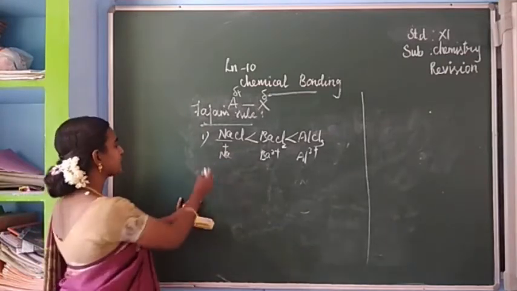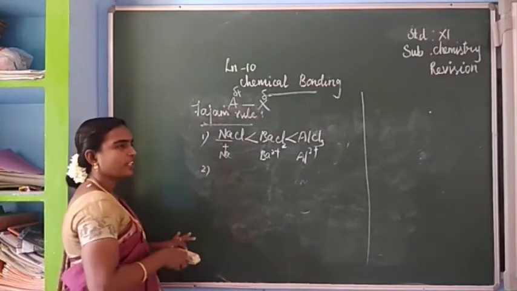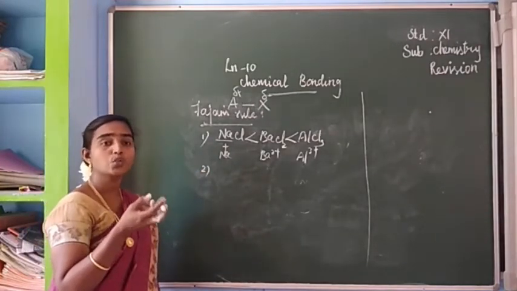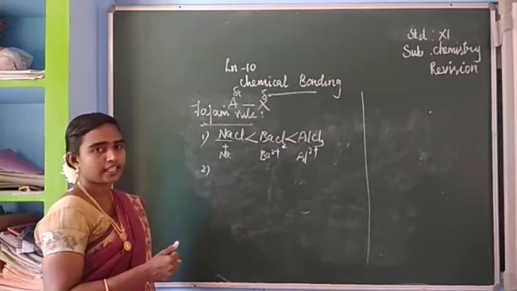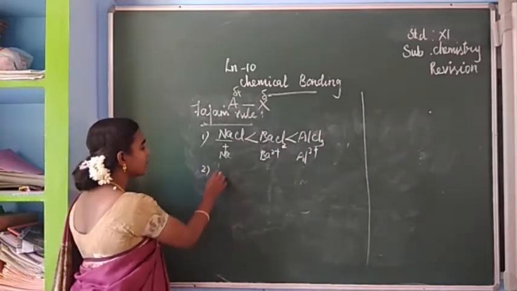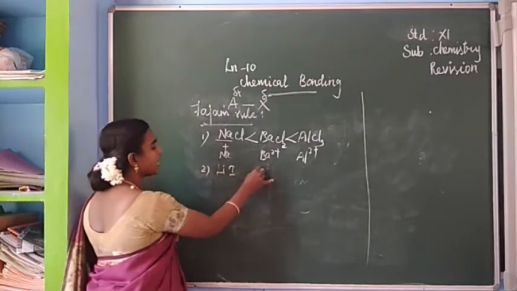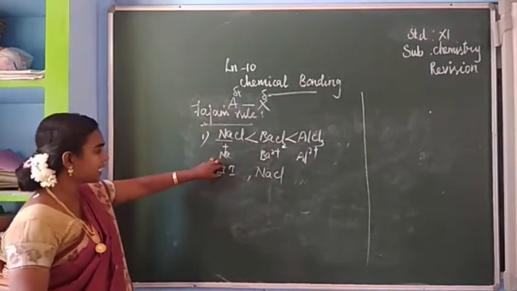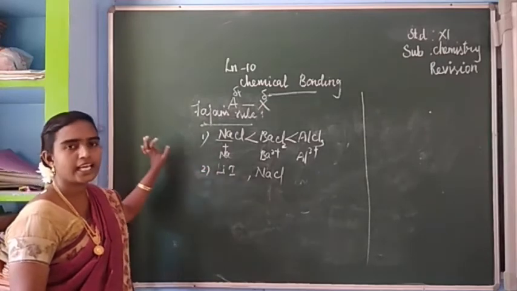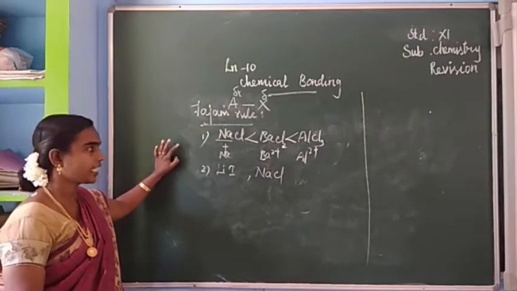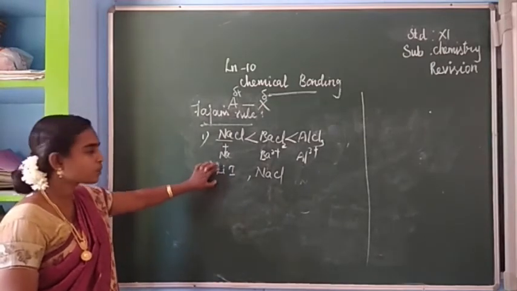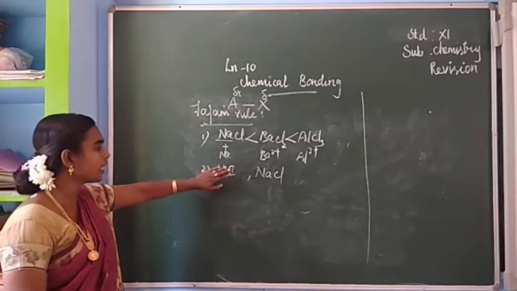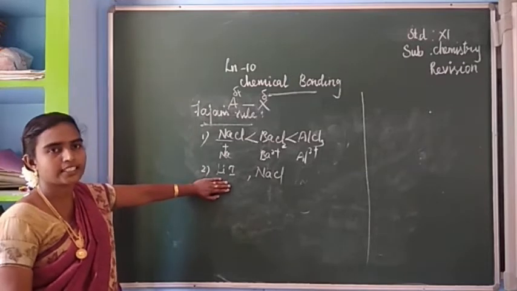The next case is that the size of the cation and anion also influences the covalent character. Consider the example of lithium iodide and sodium chloride. Smaller the cation, larger the anion, that's the second condition, also increases the covalent character.